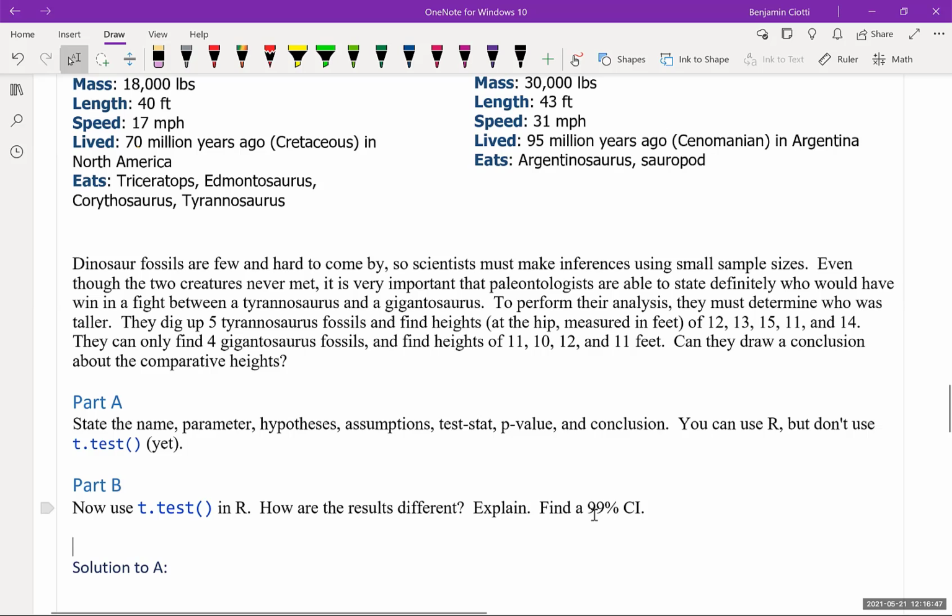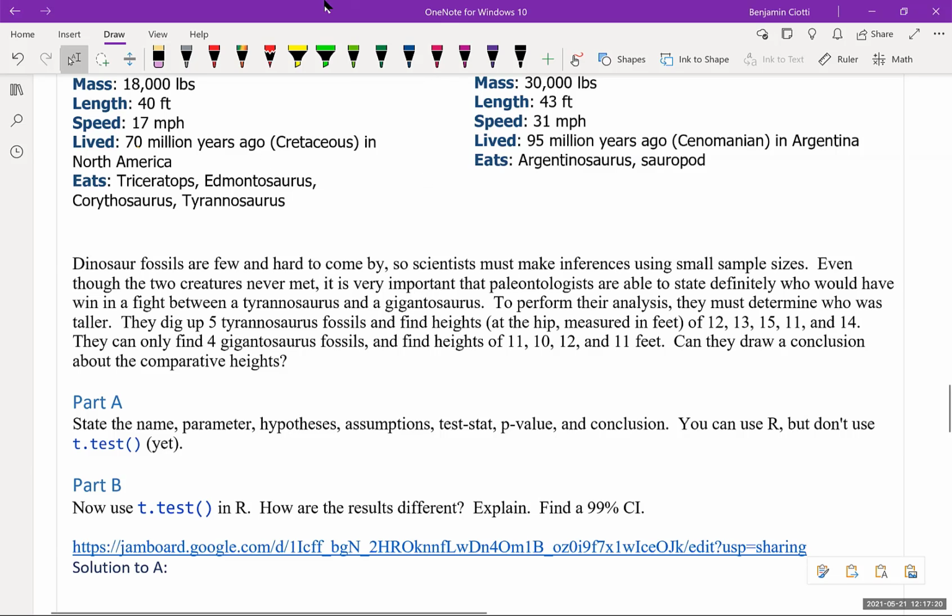Okay, let me figure out how I'm going to do this. I'll split us into 5 groups. I need to share the link. So let me text that in the chat.